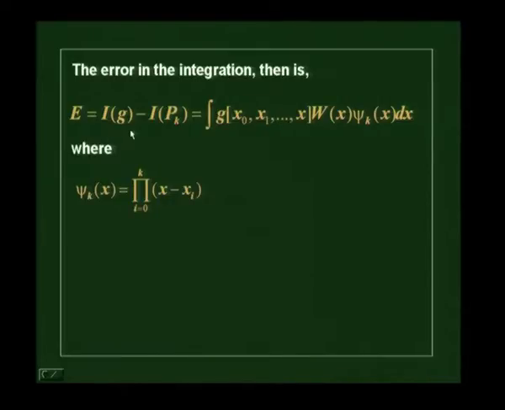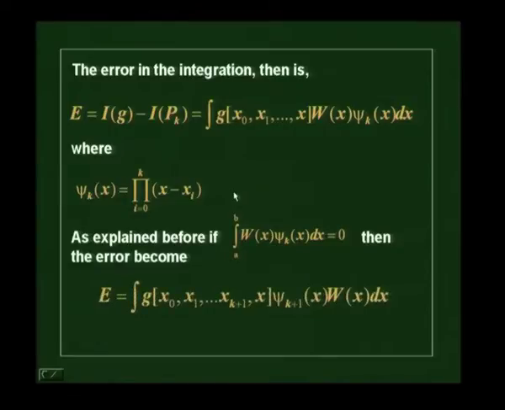As I said, g was f into w, so the error is slightly different from what we had written before. The error is actually the integral of g[x0, x1, ..., xk, x] into w of x psi_k of x dx. Okay, so now we have this extra function sitting here; psi_k of x is the same as what we have used before.